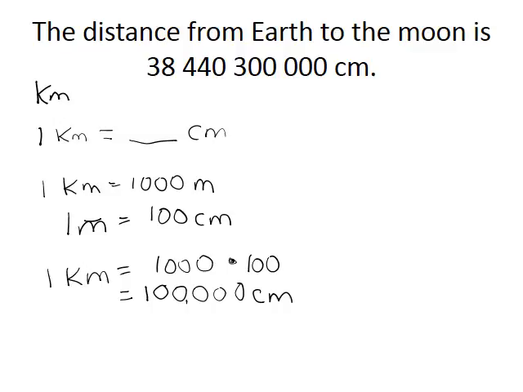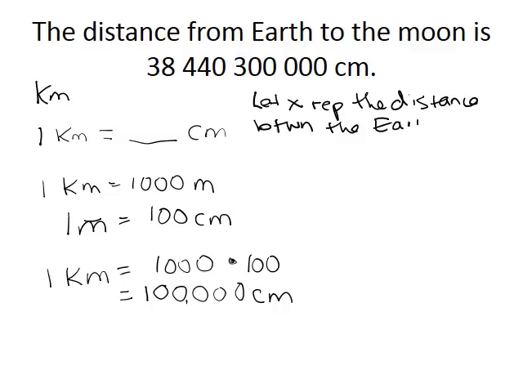Now, because I'm trying to figure out the distance from the Earth to the moon in kilometers, I'm going to write a let statement. I'm going to say let x represent the distance between the Earth and moon in kilometers.